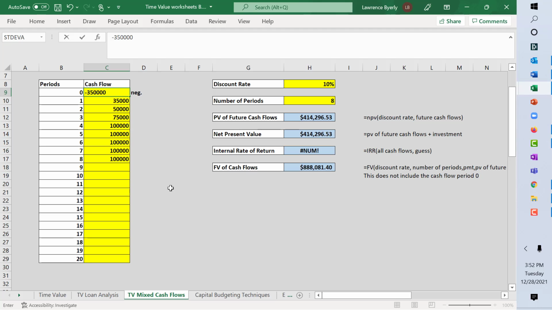If you spend $350,000 to get $414,000, you've got something left over, $64,296. So this says that this project is worth $64,000 more than what we have to pay for it. Again, that's a capital budgeting technique.